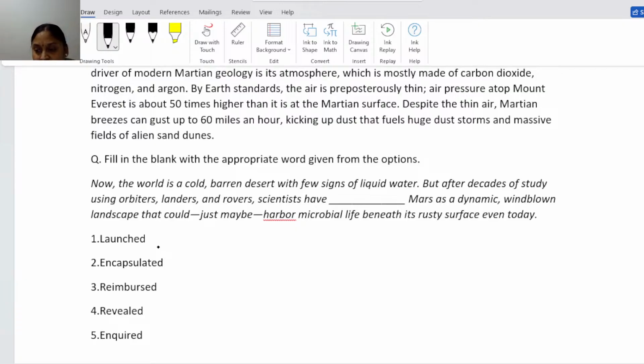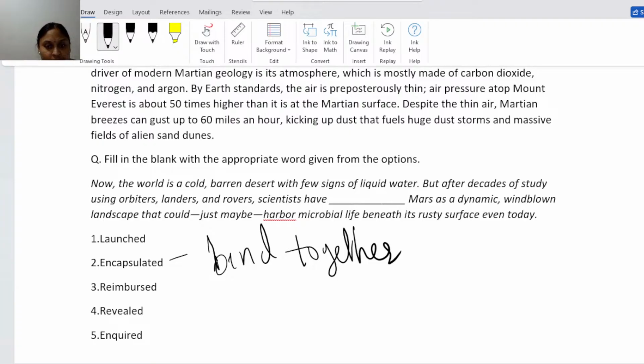And next, encapsulated means bound together. Encapsulated means bound together. So next, reimburse.